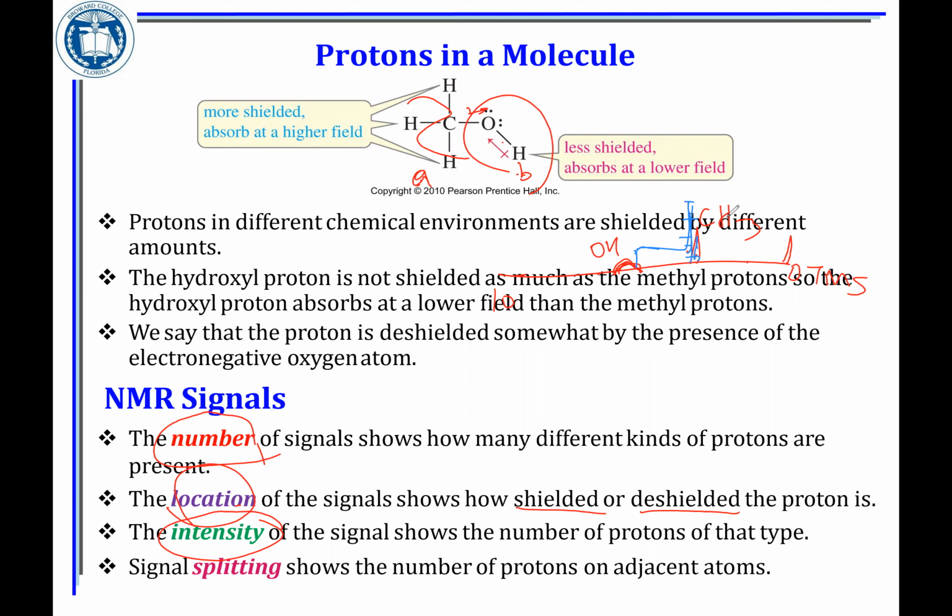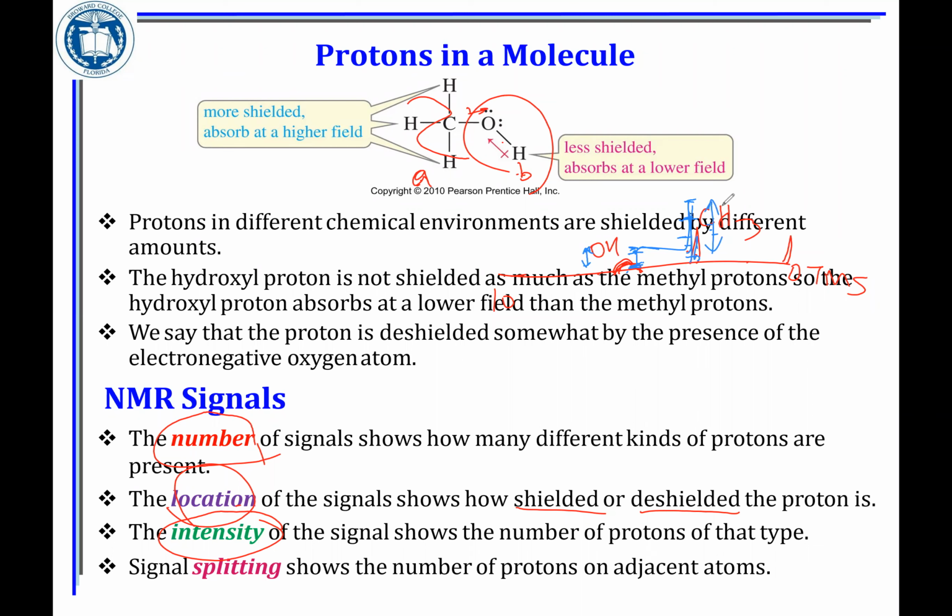So if we have 3 hydrogens in the CH3 and 1 hydrogen for OH, the height ratio is going to be 3 to 1. This blue line is called the integrated line, and it shows the intensity. It's the height of the vertical line that you are looking for, so it is this height here and this height here that counts. If it's 3 to 1, that means for every 1 hydrogen of OH, you have 3 hydrogens of the other type.